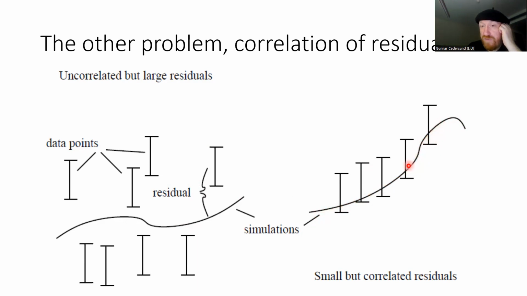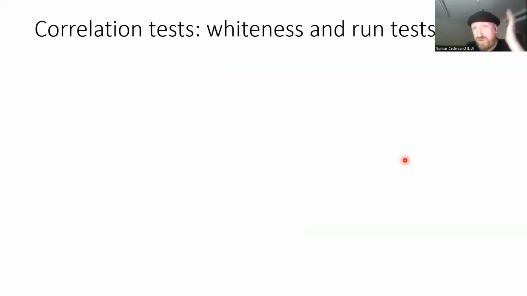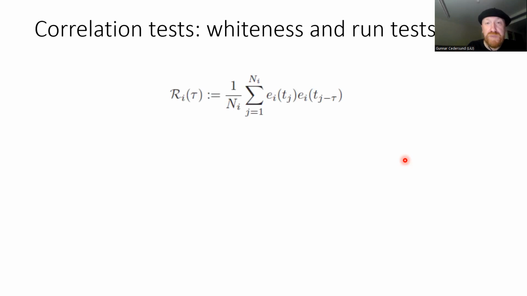And here you would have that the residuals, the difference between the simulated value and the measured value, are always the same sign, or too often the same sign many times in a row. So to test for that, you want to use other types of tests, which could be whiteness tests and run tests. So here we have the residuals.